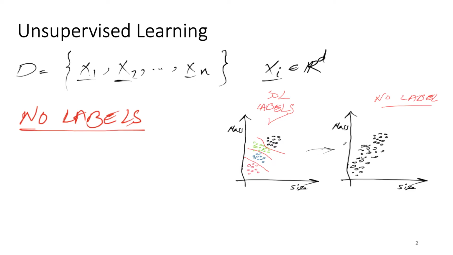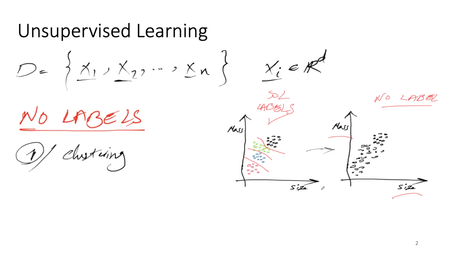So we have to find a way to gain some information about this data set D. For instance, in this case, we were trying to group them using their size and their mass, so they would have these characteristics in our graph. Today and in the upcoming sessions, we're going to see the common techniques in unsupervised learning that we can group into distinct categories.